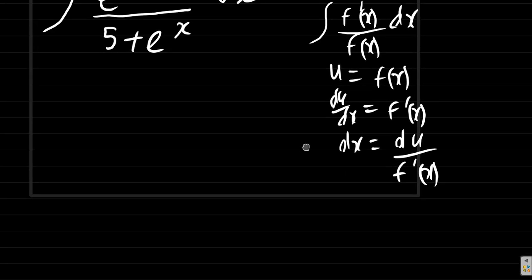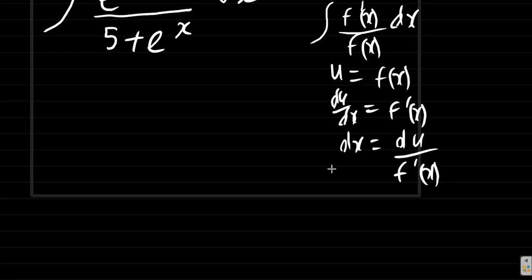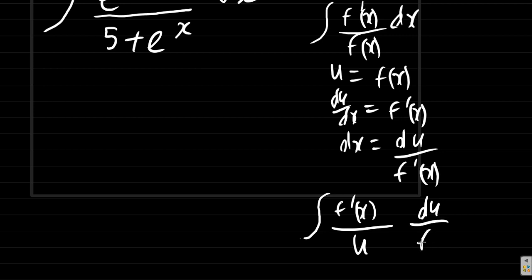Then when you put everything together, you'd have the integral of f prime x divided by u, which is f of x, du over f prime x. See, this is dx, and replace dx with what it is equal to.